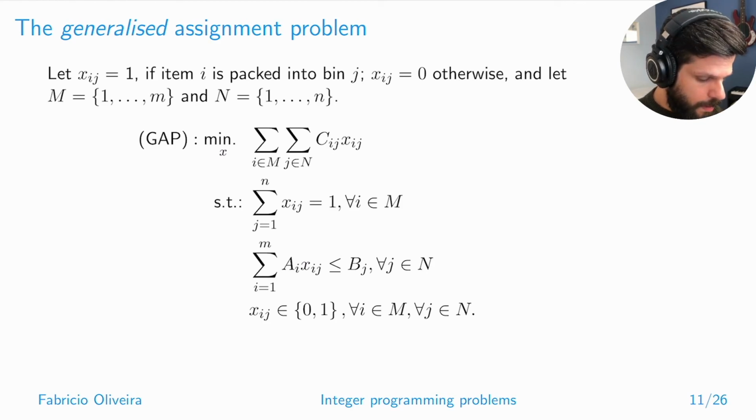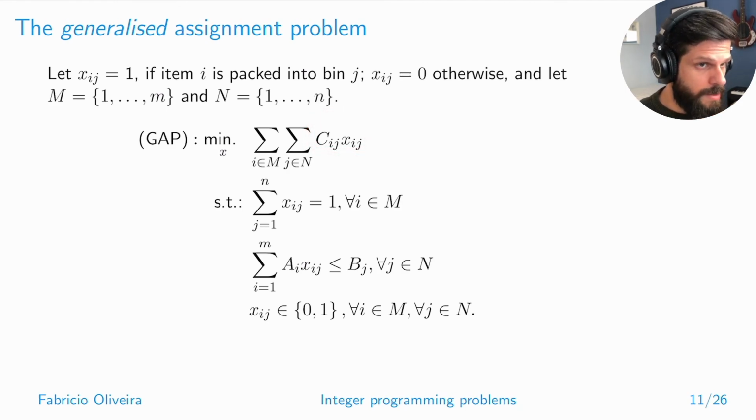So the generalized assignment problem is minimizing the total cost associated with the assignments, because I'm thinking about a cost, but you might as well have a value, just like the knapsack. That would mean you want to maximize instead.